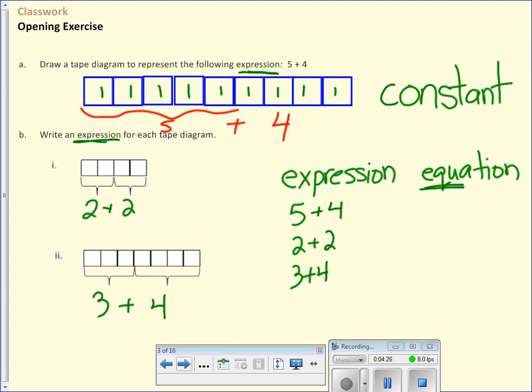We have to include the equal sign and the answer. So the equations have the equal sign and, in this case, the sum, or a product, a quotient, difference. But today we're looking at expressions. They did not ask for equations, so that's why we didn't put the sums down.